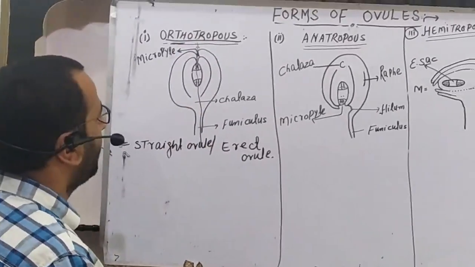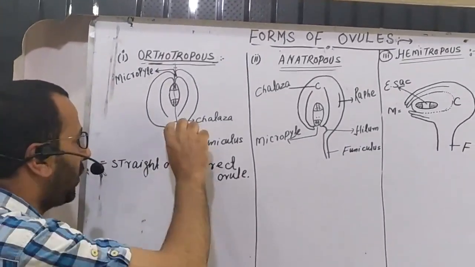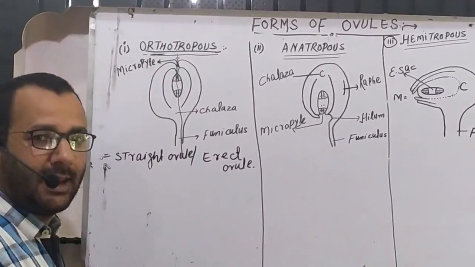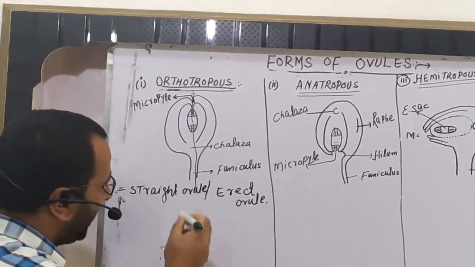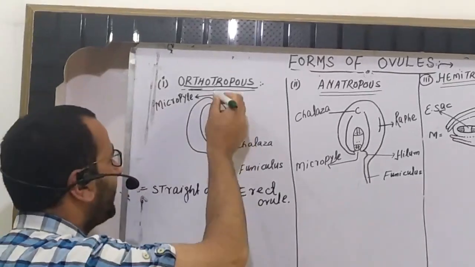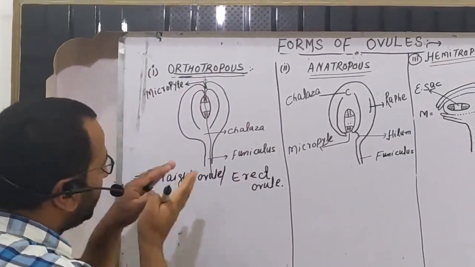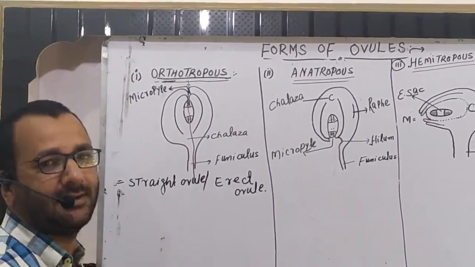But funiculus and chalaza, they are close to each other, while micropyle lies on the opposite side of funiculus. Here it is funiculus and it is micropyle. The 2 lie at 2 different poles, or at 2 different, opposite ends.